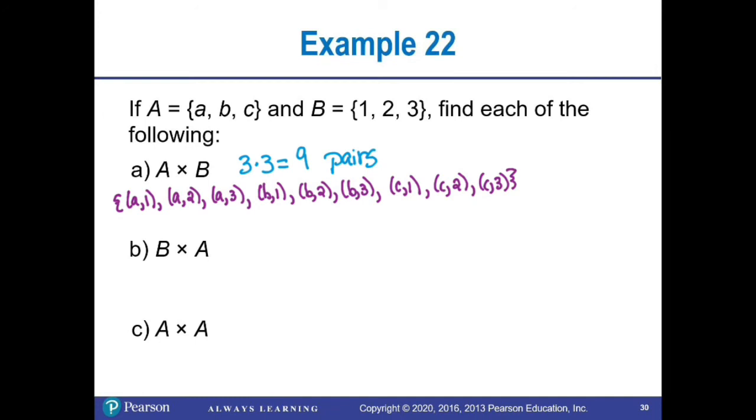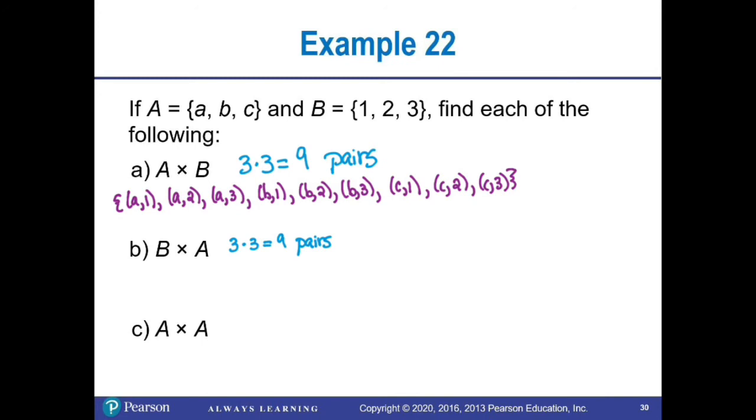Part B asks us to find B cross A. Now notice the B is first here, so the 1, the 2, or the 3, the numbers are going to come first in each ordered pair. Again, there are 3 elements in B times 3 elements in A for a total of 9 pairs. We're starting with B, remember?